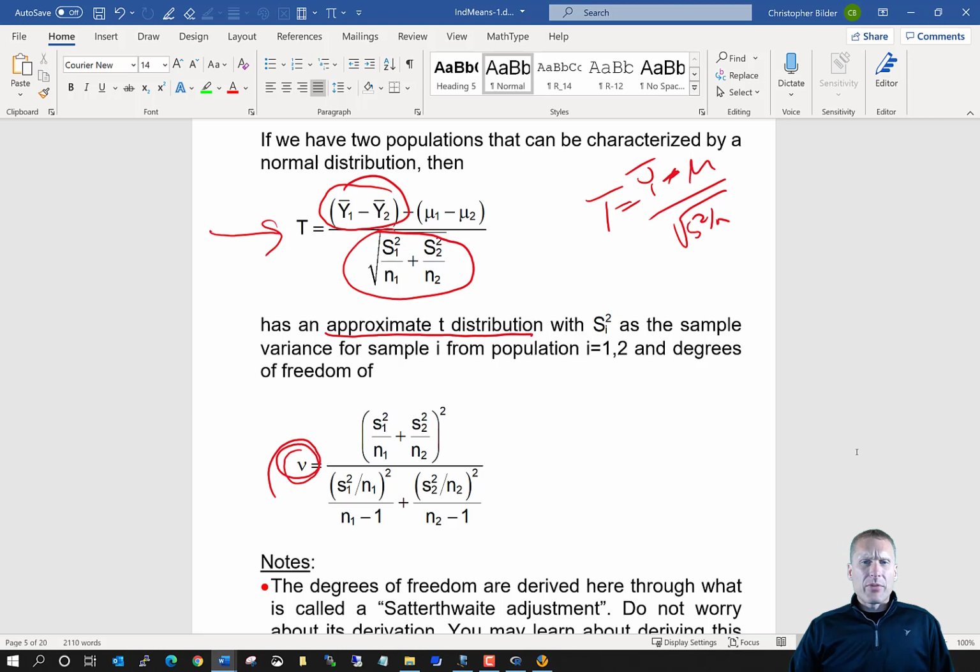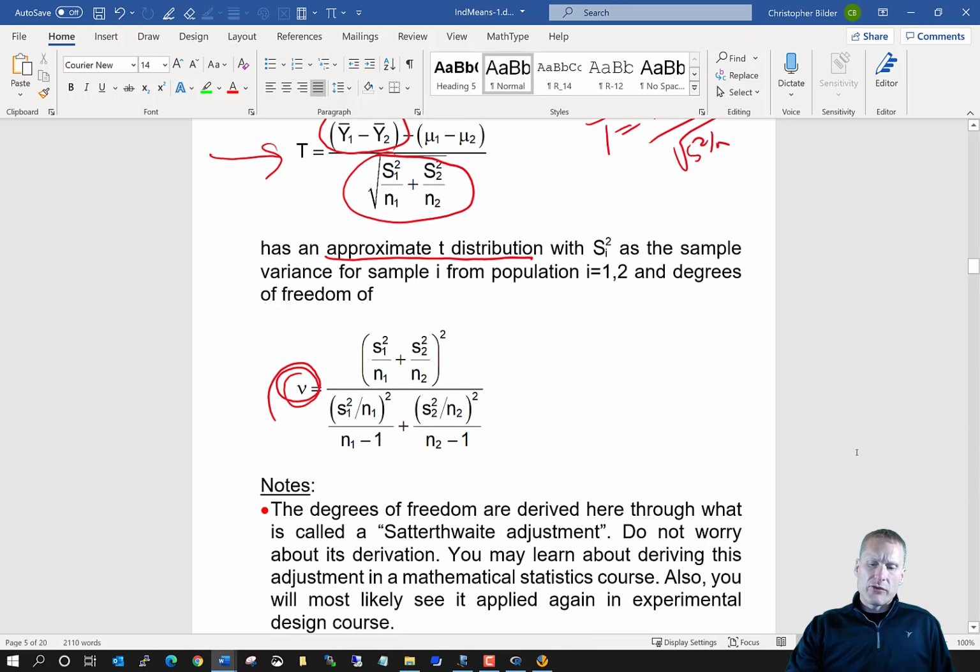This is kind of a complicated expression. Don't worry about the actual derivation of where this degrees of freedom comes from. If you are interested, this is referred to as a Satterthwaite adjustment, named after the person who came up with it. It's a common way to come up with degrees of freedom in situations like this. Again, in a mathematical statistics course, that's where you would talk about the derivation.